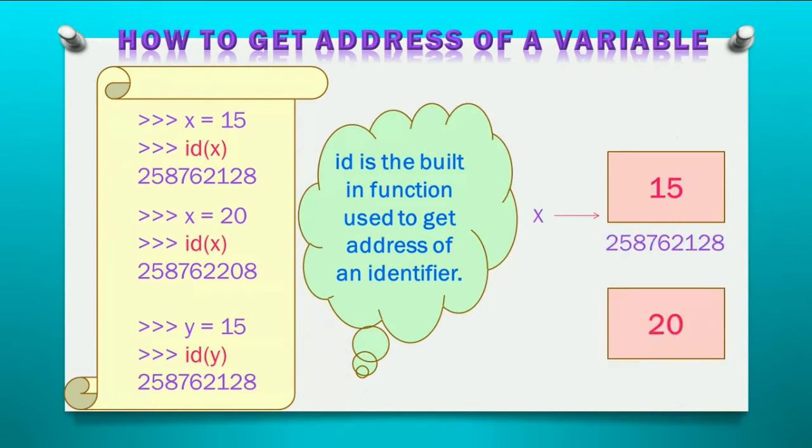Now x is assigned the value 20. Now the address is changed. Again we can see the variable y. When the value 15 is assigned, the variable y is also having the same address. So in case of Python, if the value is same of multiple variables, the id will also be same.